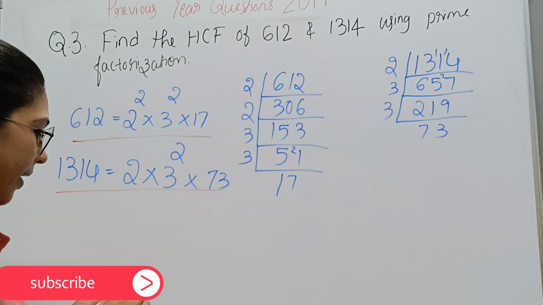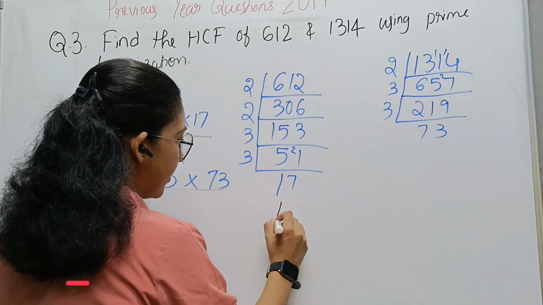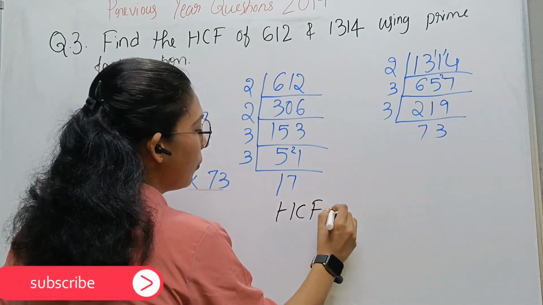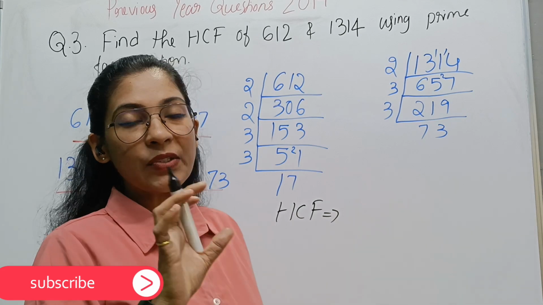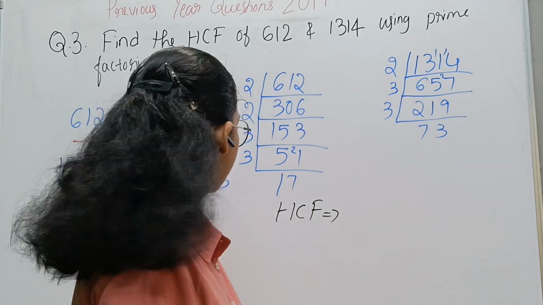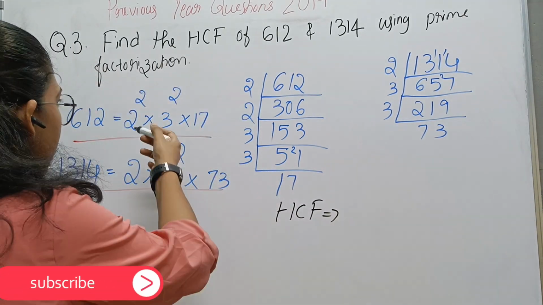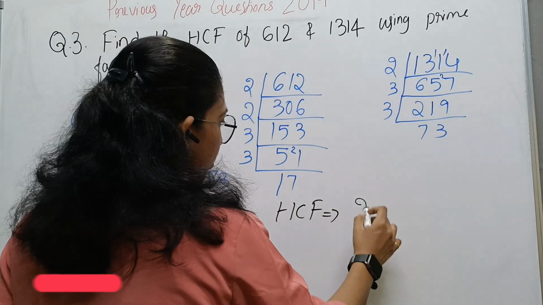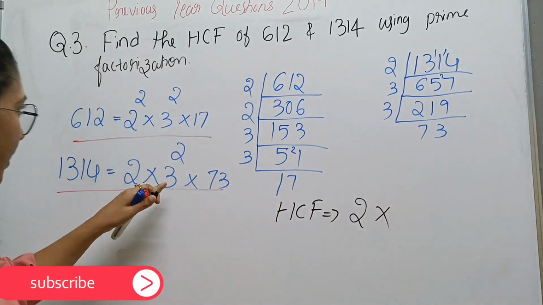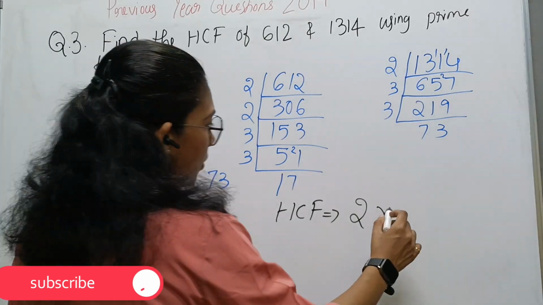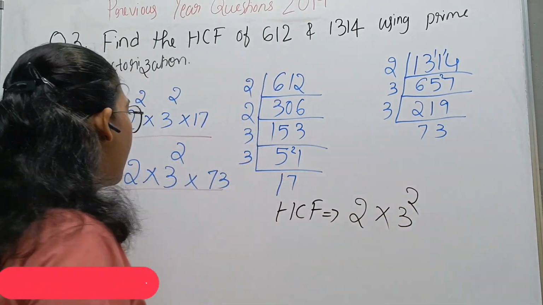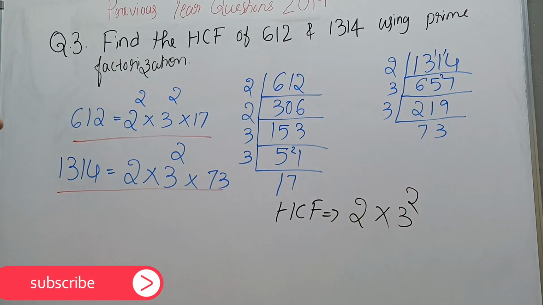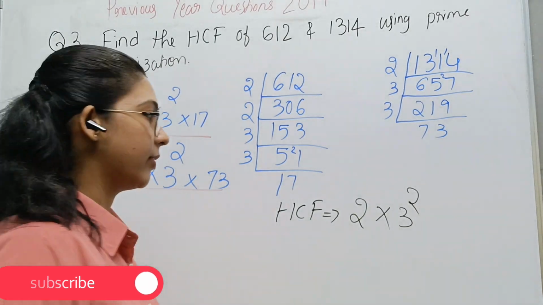So what is HCF? HCF is the product of common factors with the least power. Here the common factors are 2 and 3 square. 2 square and 2 is there, so we select 2; and 3 square and 3 square, so we take 3 square. Here it is 17 and 73, so there are no other common factors.